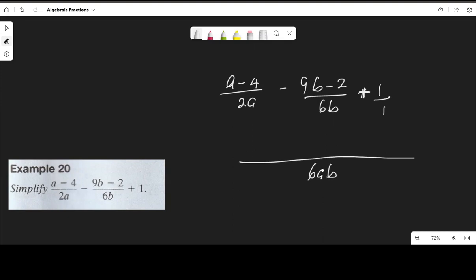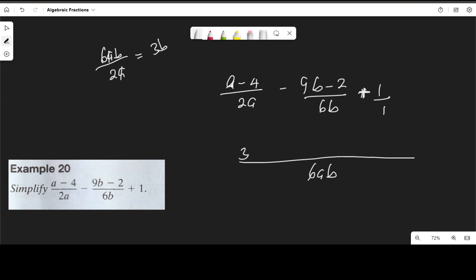6ab divided by 2a. A will cancel. 6 divided by 2 is 3. Then add the b there, we'll have 3b.